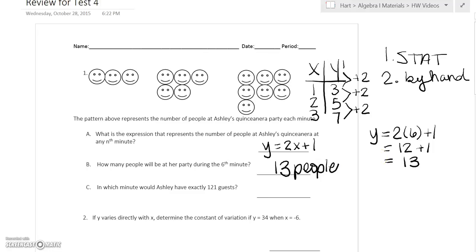Okay, and then part C says, in which minute would Ashley have exactly 121 guests? The easiest way to do it is in your calculator, but I'm going to do it on here. So to figure that out, you would need to make this your y value. So instead of y, I put 121.